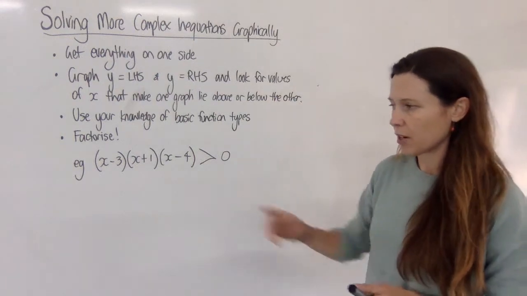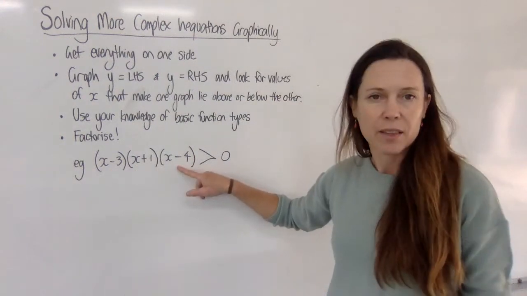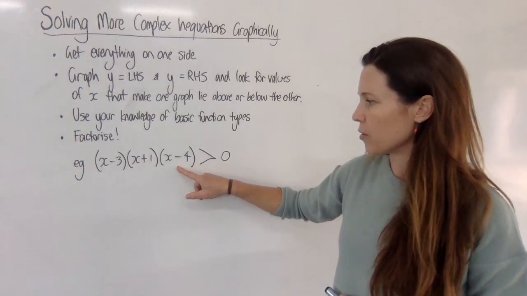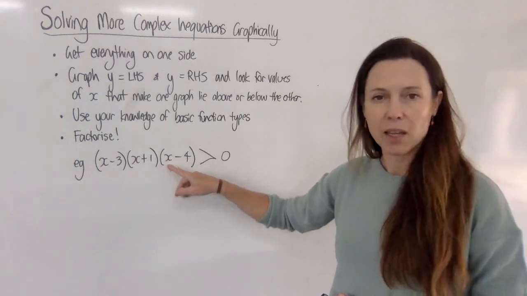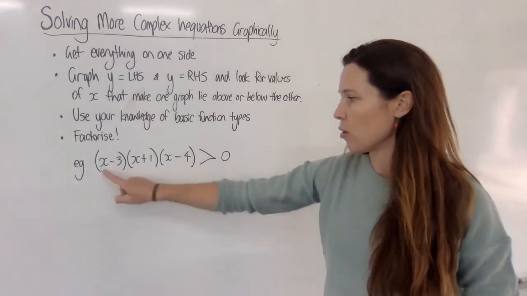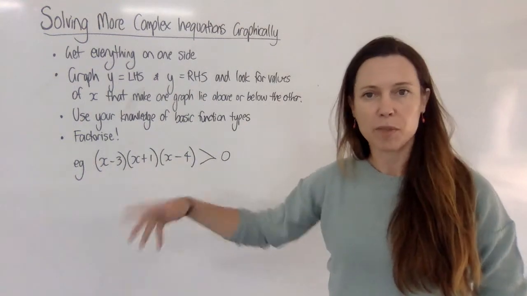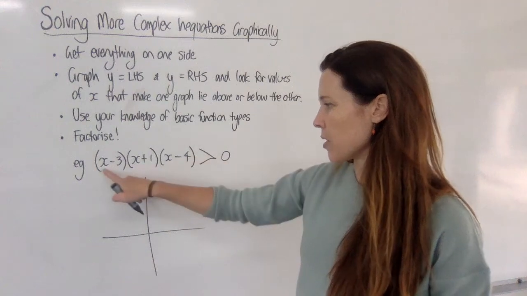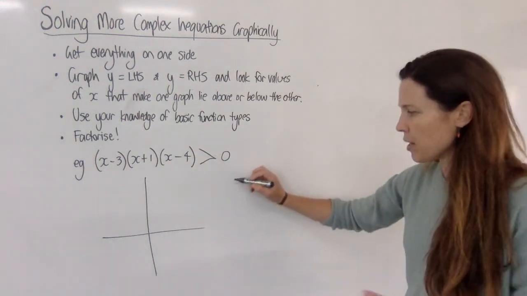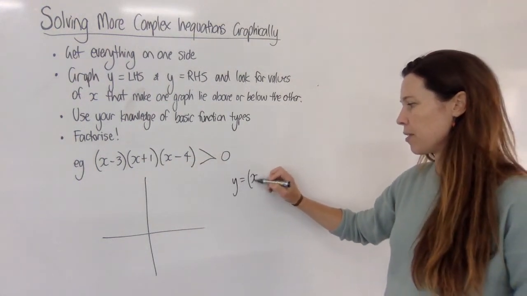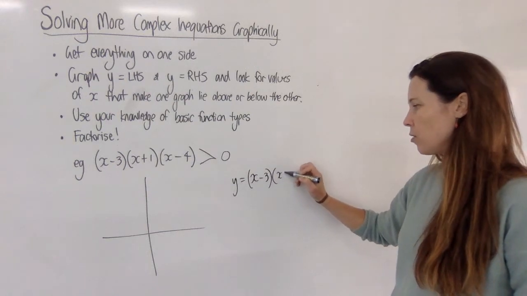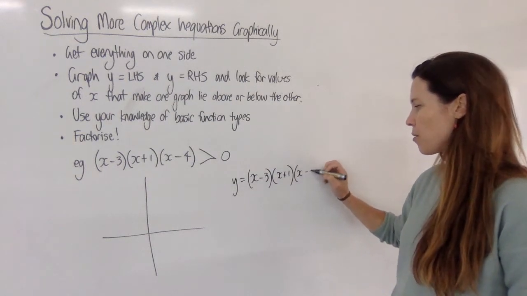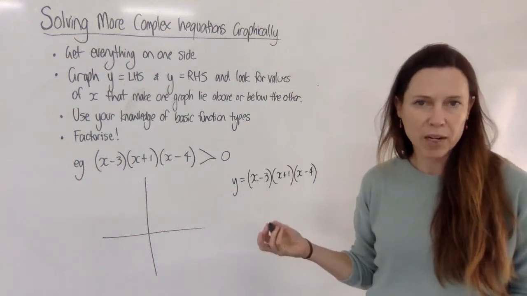I can see that if I graph y equals the left-hand side, this is going to be a positive cubic curve because I've got x times x times x as the highest power of x, and all of those are positive, so I know it's going to go from low to high. How would I graph that?